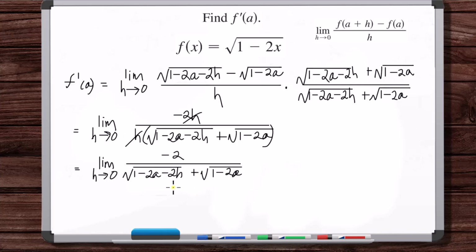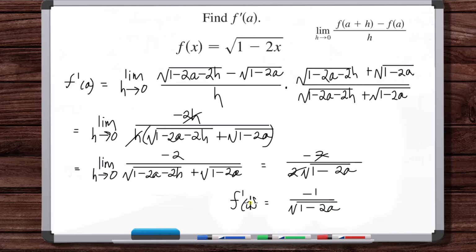Now plugging in 0 for h, you get the square root of 1 minus 2a plus the square root of 1 minus 2a, which is 2 square root of 1 minus 2a. So the final answer is there: f prime of a.